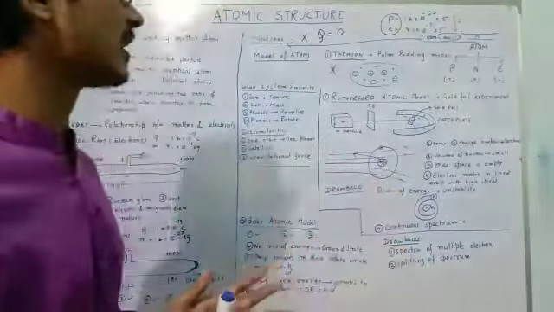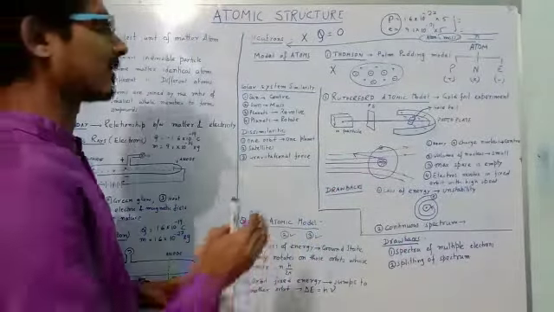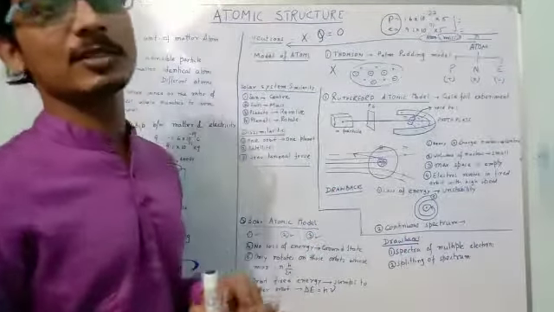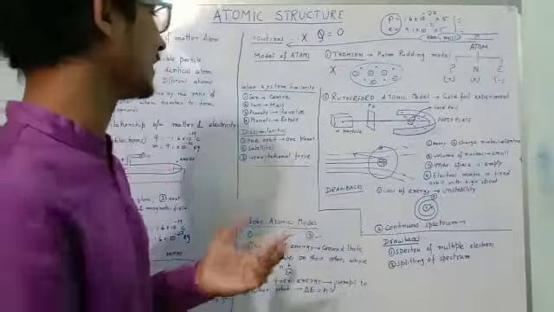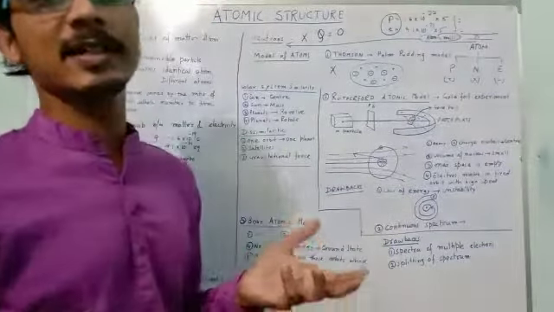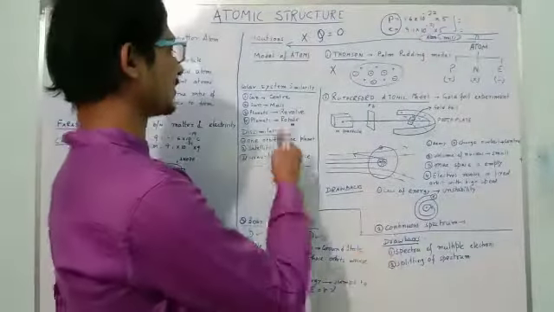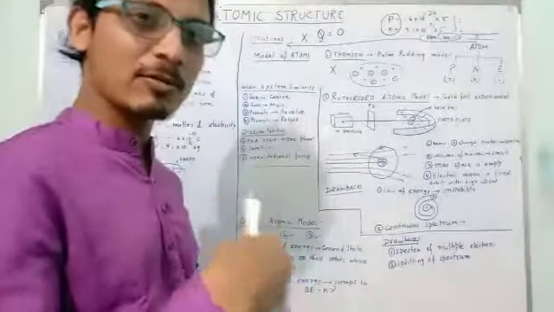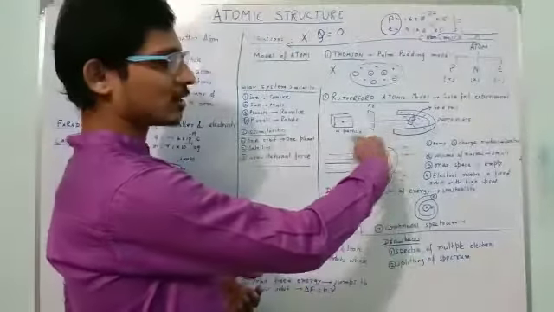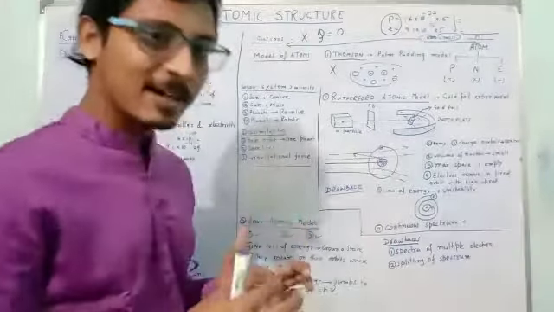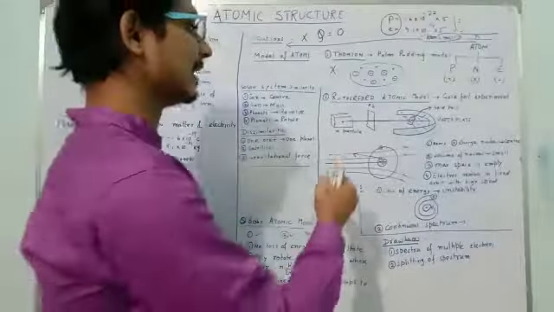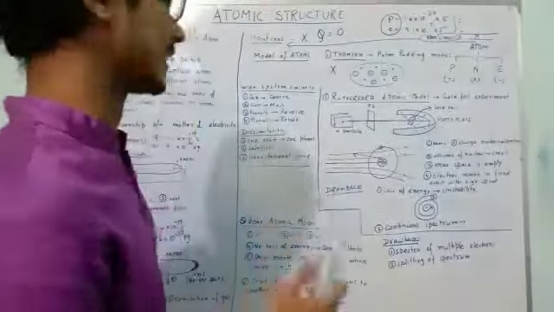In the atomic structure we have the nucleus at the center. The maximum mass of the solar system is in the sun, which is very heavy compared to the other planets. Here also the nucleus is very heavy compared to the electrons. Now planets revolve around the sun, here electrons revolve around the nucleus. Planets also rotate on their axis, here electrons also rotate on their axis.